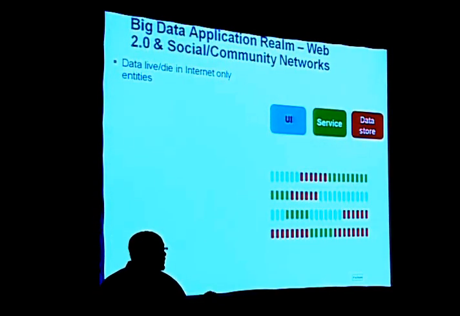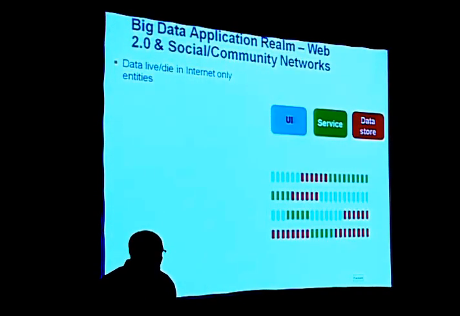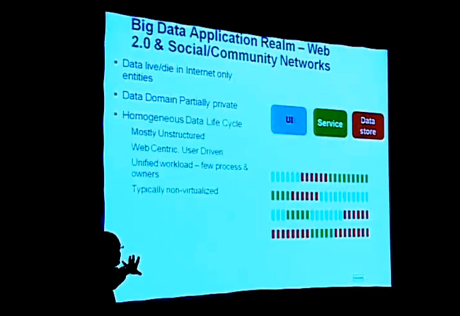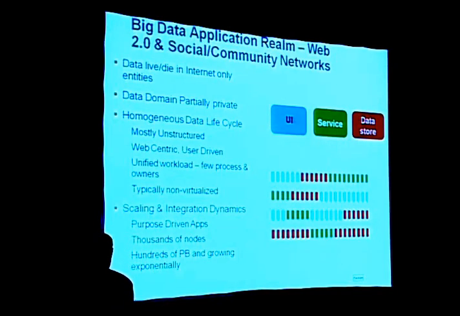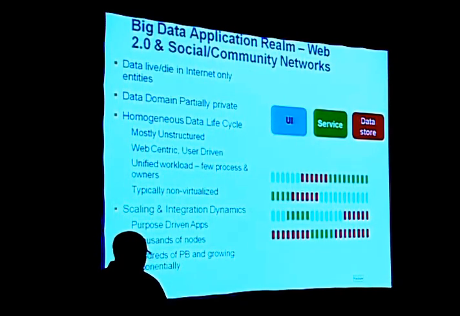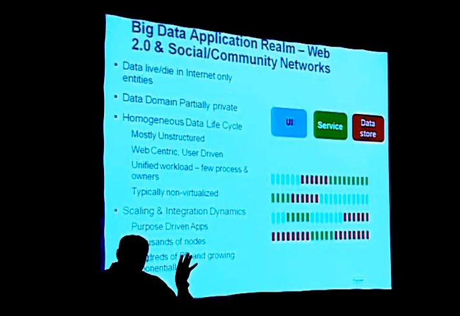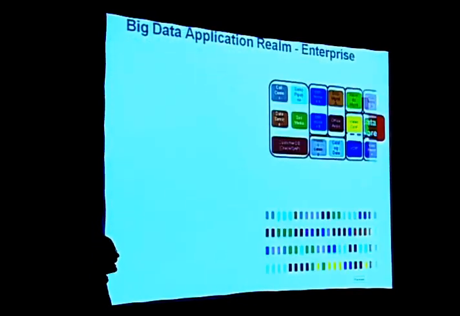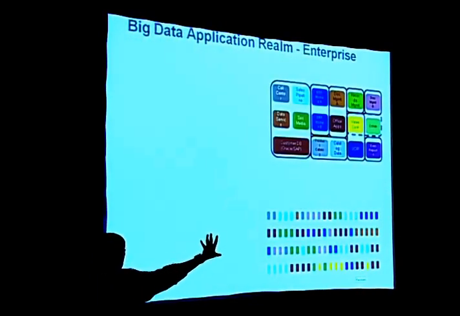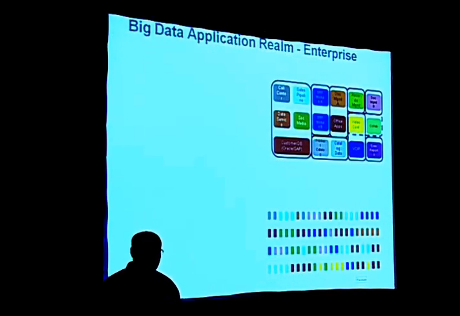Data mostly lives on the internet, partially private, very unstructured data, homogenized workload, no SAN, no NAS, few processes, single team. Enterprise has multiple teams, right? The idea is that the scaling dynamics are totally different. It's an application purpose-driven exercise for their architectures, right? If Facebook has a simple exercise of how do we make people talk to each other with photos or everything else, right? That's their central goal.